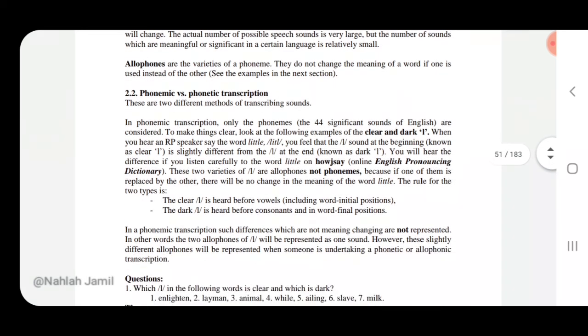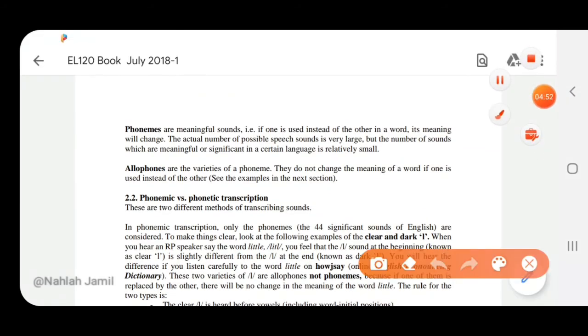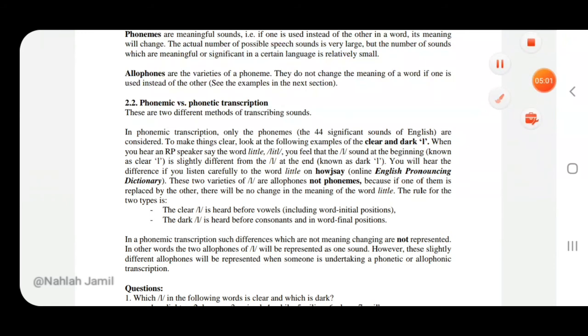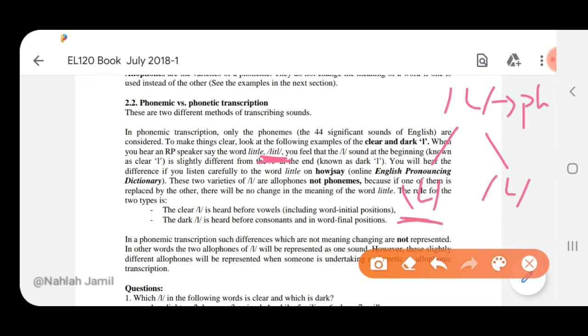Now, each phoneme has allophones. For example, we take the word little. Little has the phoneme L. This phoneme has two allophones: the clear L and the dark L. It is written the same way, but there is a very slight change in how we pronounce it.